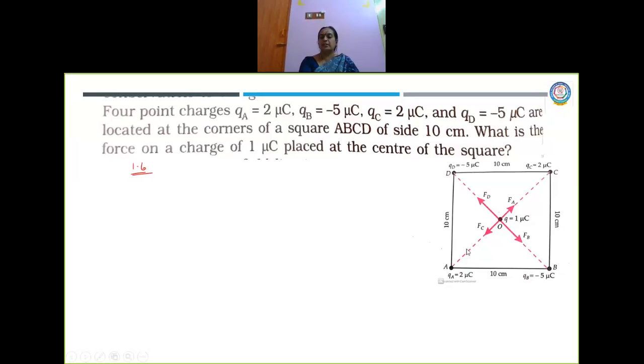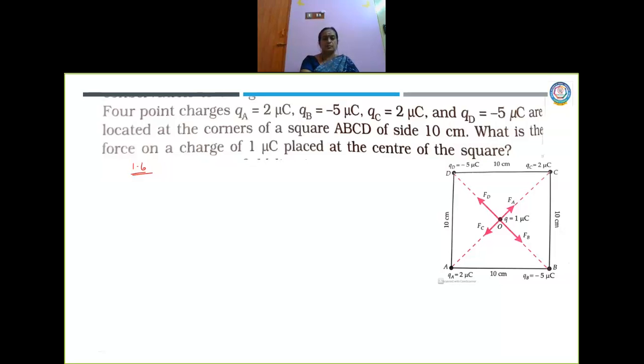I am going to find out the force between the charge at A and O. Similarly, I am going to find out the force between charge at B and O. Similarly, find out the force between charge kept at C and O. Similarly, find out the force between charge kept at D and O. Now I am going to find out the magnitude of force and also the direction of the force using Coulomb's law. So first let us do that.